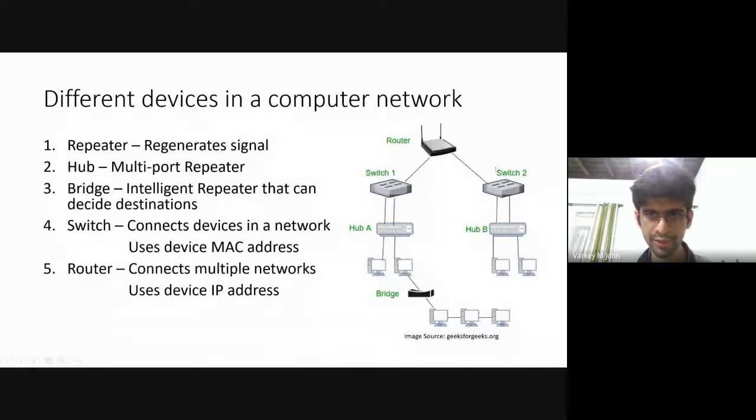So the switch only connects devices within a smaller network, but the router connects multiple networks. The router in your home can connect your home to other networks, probably your neighbor's home. The switch only connects within your own home. The nodes are the laptops and mobile phones that you use normally.